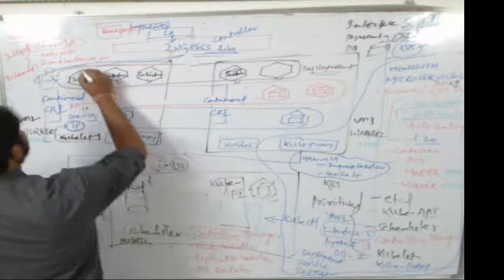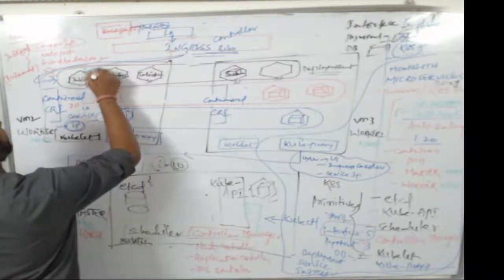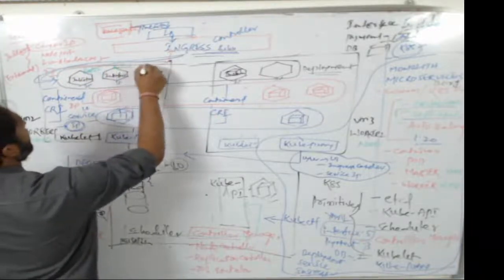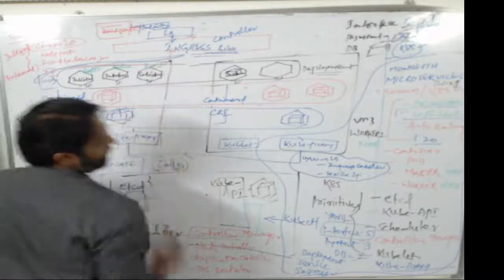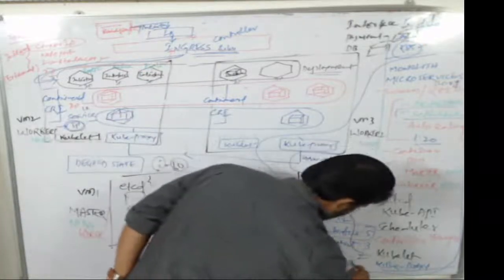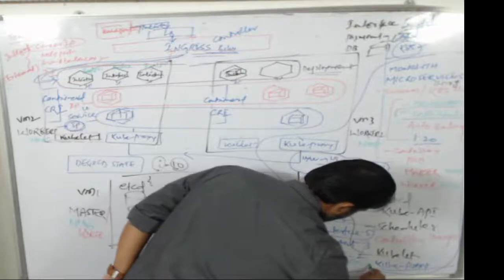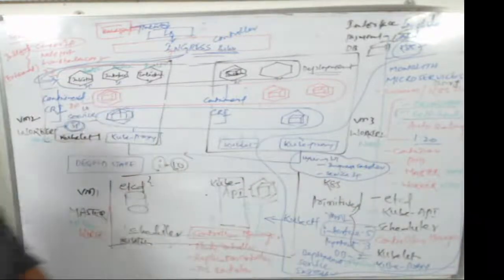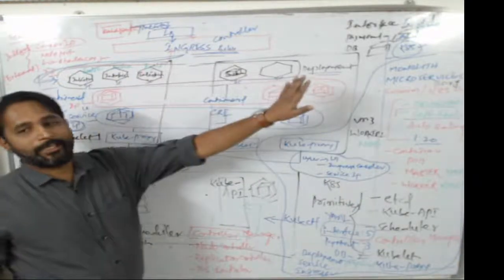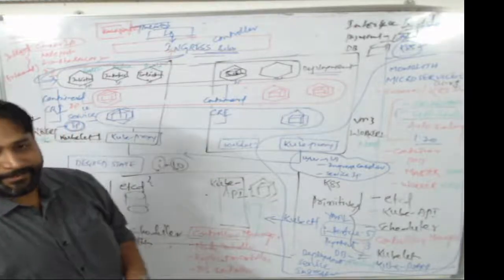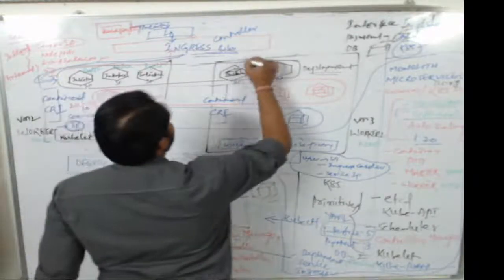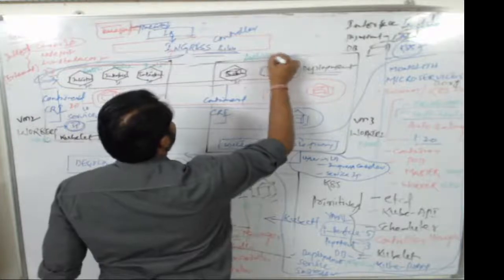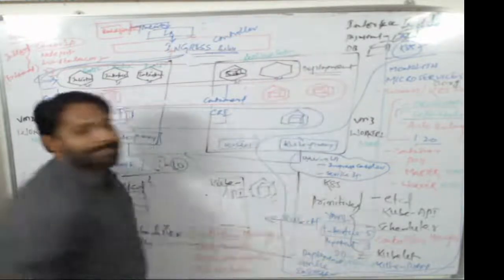So this is a replica, this is also a replica. So deployment and replica. All these replicas together are called a replica set. So a deployment has a replica set.